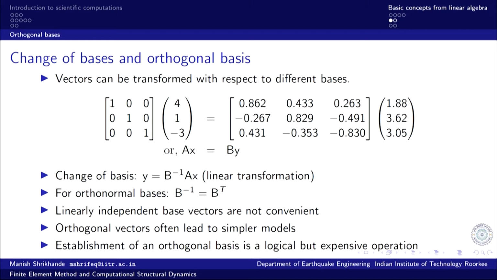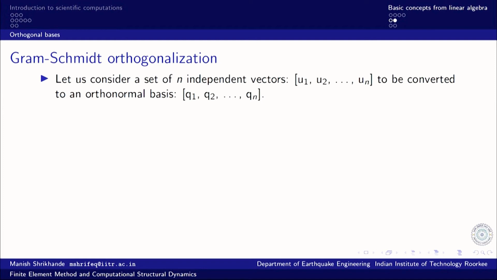And establishment of an orthogonal basis is a very logical process, but it requires a little bit of expensive operations, that is called the Gram-Schmidt orthogonalization, right. We will not get into the Gram-Schmidt orthogonalization at the moment, that is not very crucial for the subsequent discussions, but it is very important when we come to the process of numerical computations.